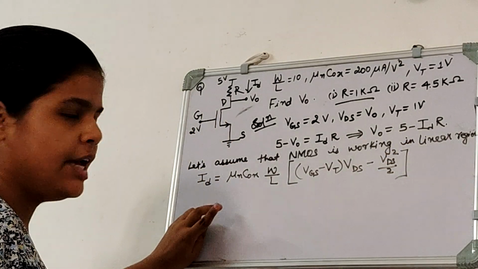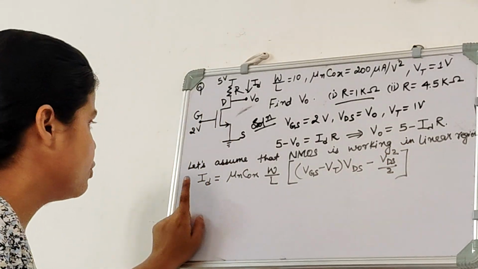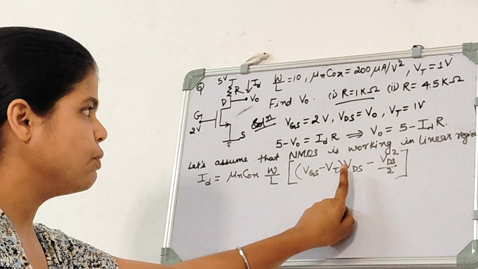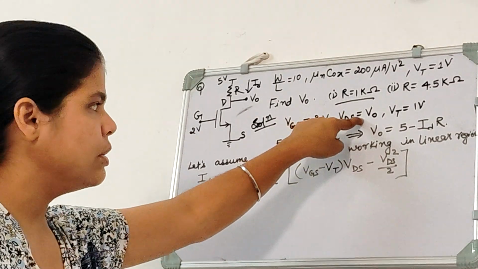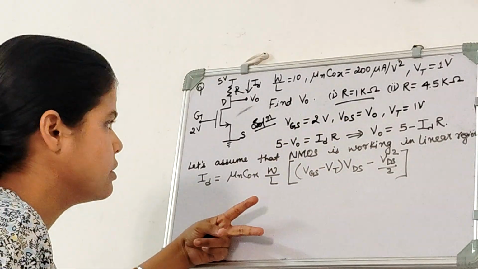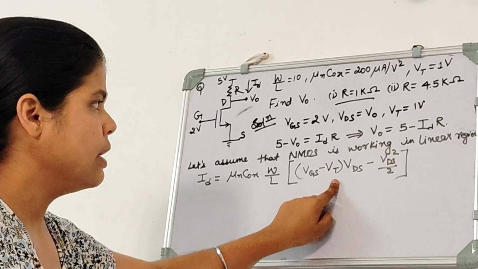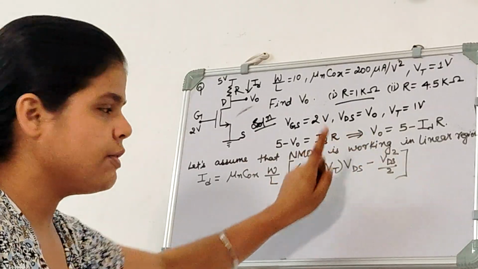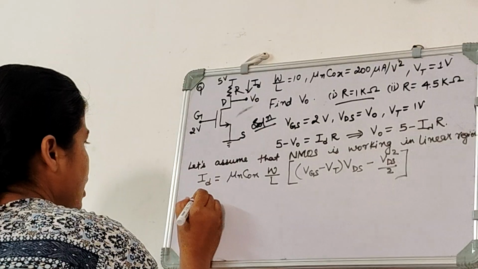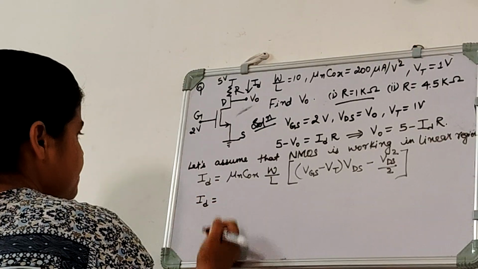Here we have two unknown variables. One is ID and the other one is VDS, because what is VDS? VDS is V naught. So both are unknown, so we need two equations for this. One is this one and the other one is this one. We will use both. So in place of VDS we will put V naught. ID is equal to what?